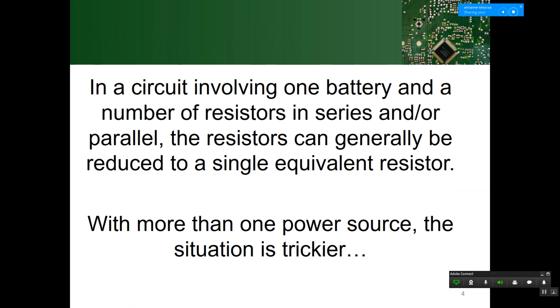All right. So in the circuit involving one battery and a number of resistors, it's pretty simple. We know how to do that. You can use Kirchhoff's law. It's Kirchhoff's voltage law and Kirchhoff's current law. And in order to solve this one, when there's multiple voltage sources, we're going to use something called Kirchhoff's loop rule.